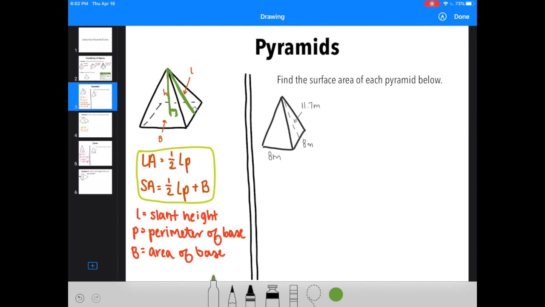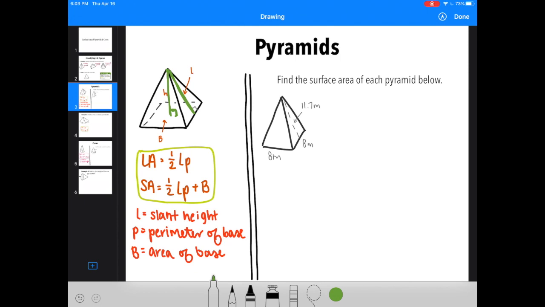Your normal height will meet to where it is perpendicular with the base. Your slant height is not going to be perpendicular to the base from that top point. And then finally, that capital B is going to be the area of the base. So for a pyramid, our formula for surface area is going to be 1/2 multiplied by L by P, the perimeter of the base, plus B, capital B, the area of your base.